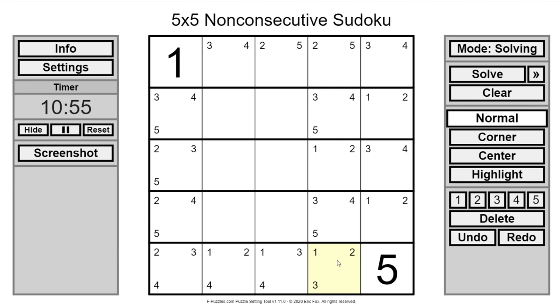That all started with the 3 here. That was kind of bifurcation. I don't know if I really want to use that.